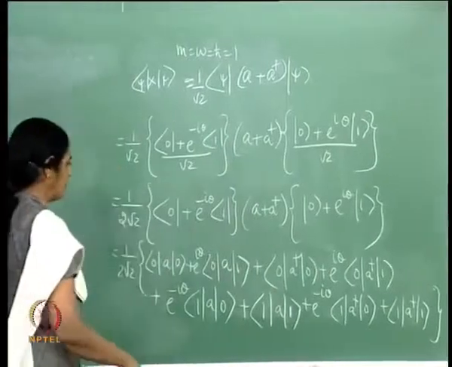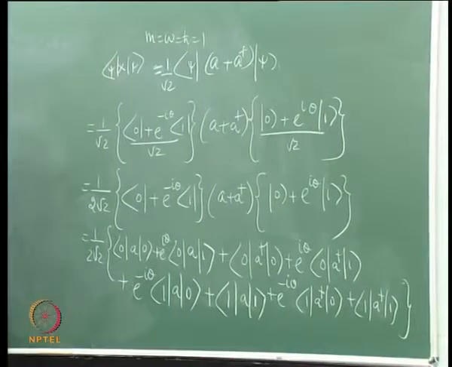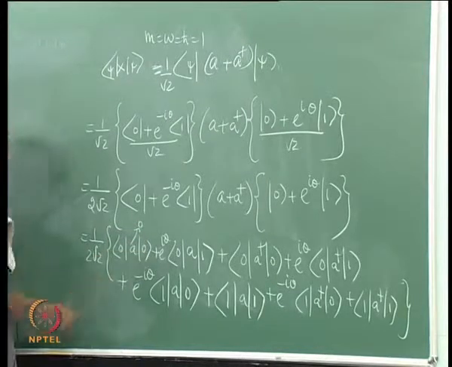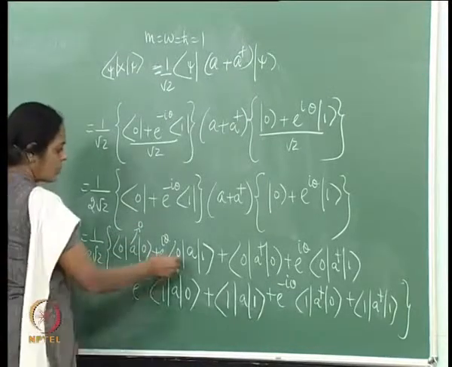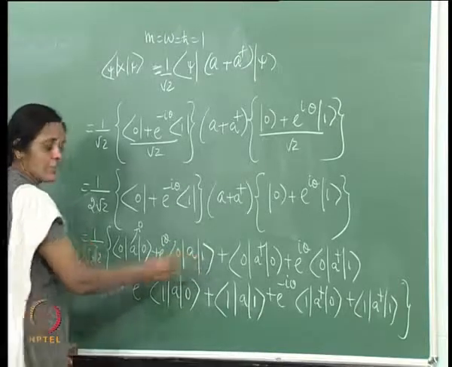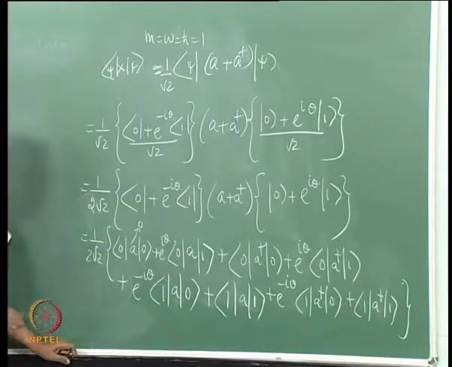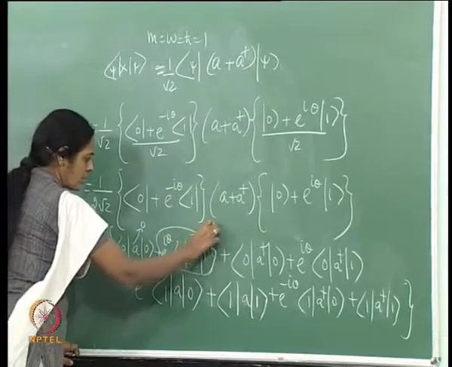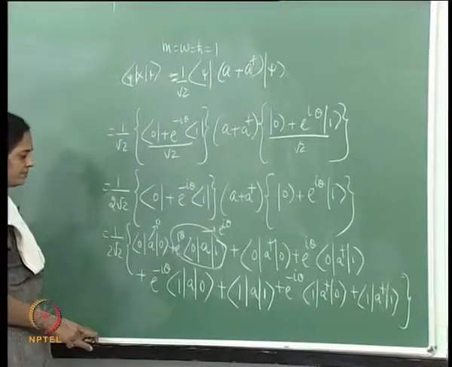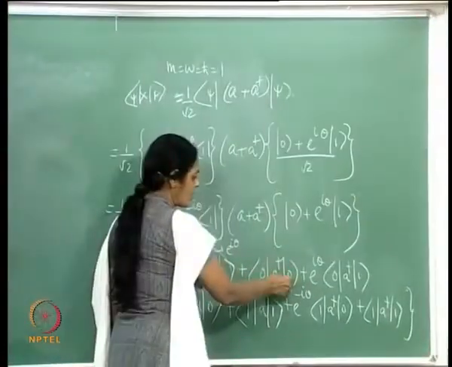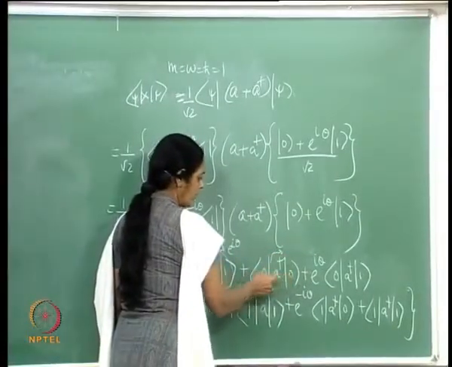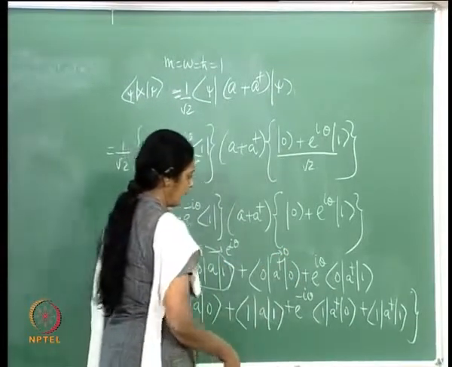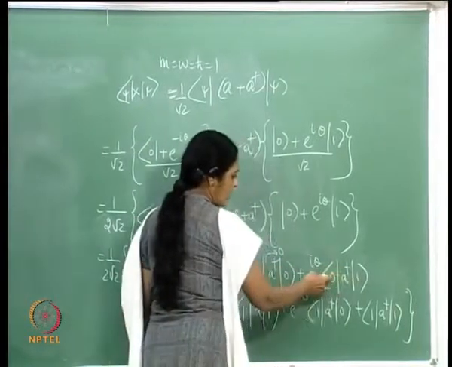This is what I need to compute. It is clear that this is 0 because a on ket 0 is 0. This will make a contribution because a on ket 1 is ket 0 and therefore, this object simply turns out to be e to the i theta. A dagger on ket 0 is ket 1 and by the fact that ket 0 and ket 1 are orthogonal, that is 0. This is ket 2 and I have a 0 here.